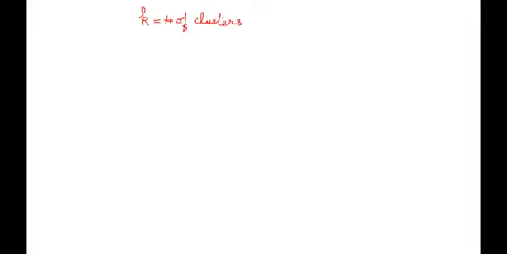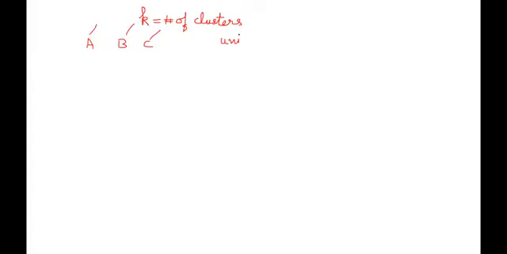So let's consider another way. Let's say I want to assign grades A, B, C to the students, and I want a uniform number of students in grade A, a uniform number in B, and a uniform number in C. So here my problem is different: I want a uniform number of students in each cluster.